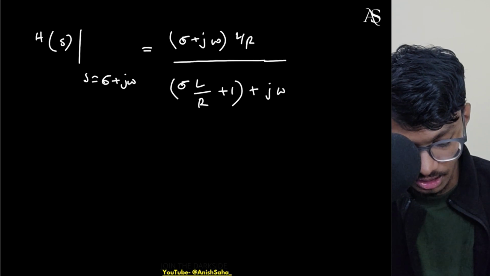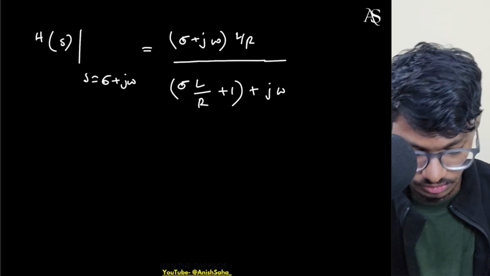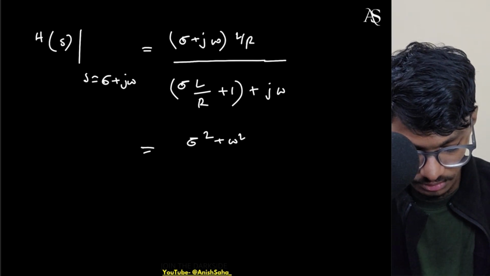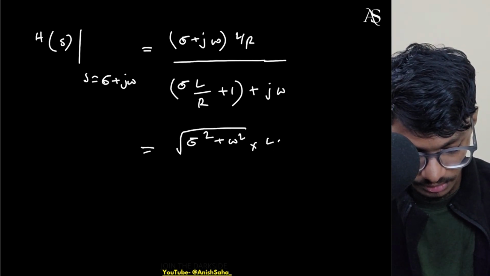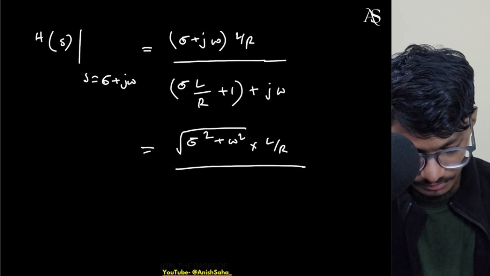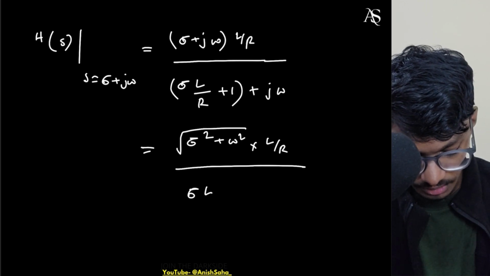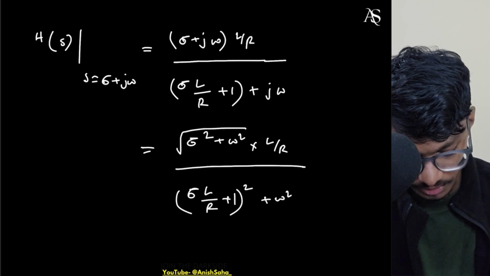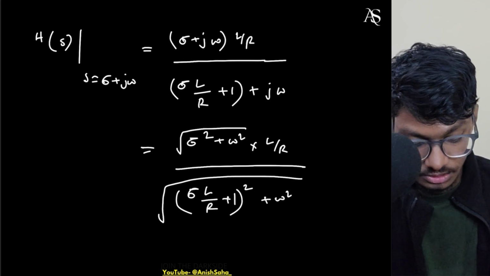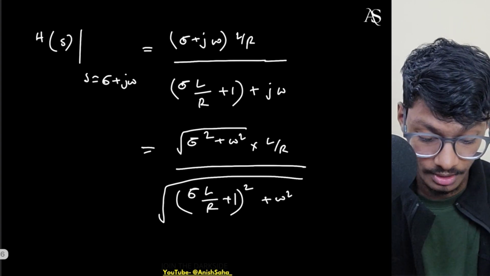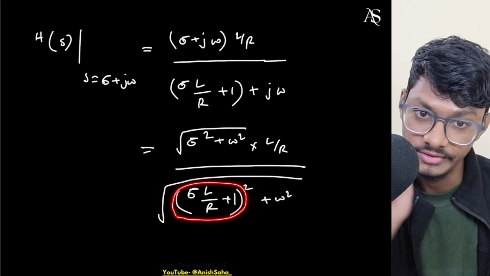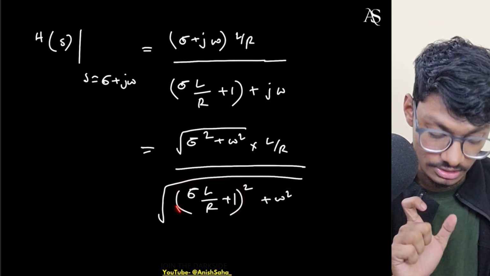So now I will just calculate the magnitude. The magnitude will be the square root of sigma square plus omega square, times L by R, divided by the square root of sigma L by R plus 1, whole square, plus omega square. Here what is important is that for this to go to infinity, the denominator has to go to 0.